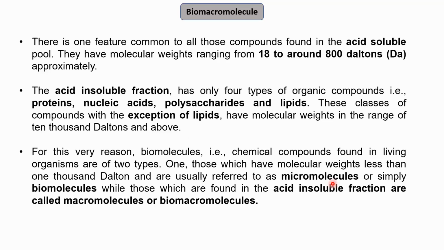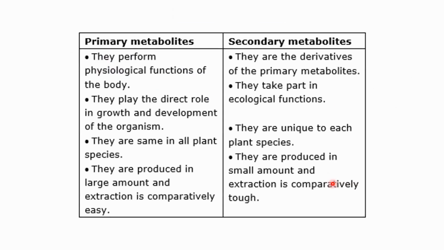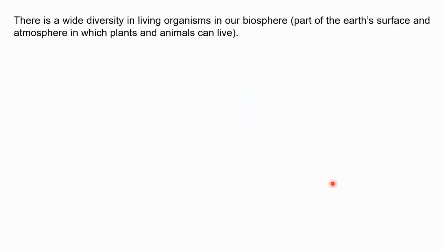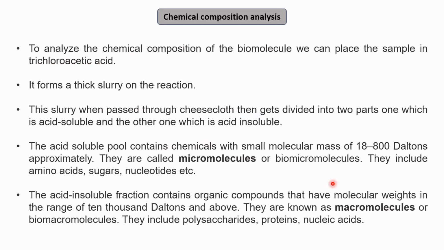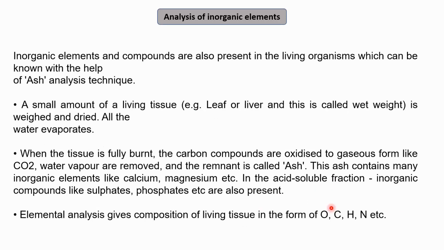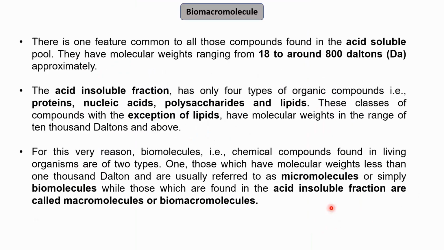There is a term called biomacromolecules, which I mentioned in the introduction slide. Basically, the ones present in the acid insoluble fraction are the macromolecules. One feature is common to all the compounds in the acid soluble pool: they have a weight ranging from 18 to 800 daltons approximately.